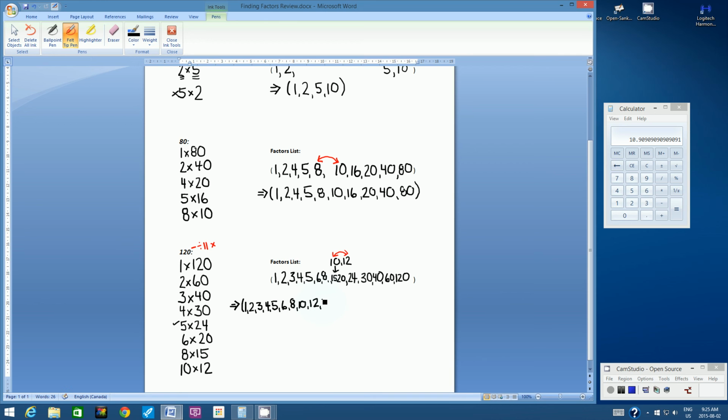I picked a good number in terms of getting a lot of factors. All right, so for this number, I had 1, 2, 3, 4, 5, 6, 7, 8, 9, 10, 11, 12, 13, 14, 15, 16 factors.